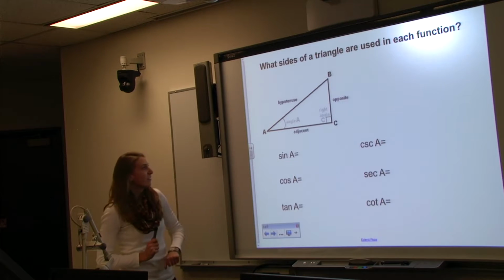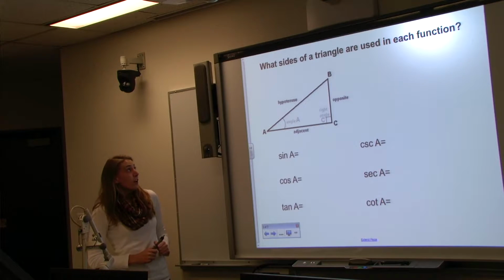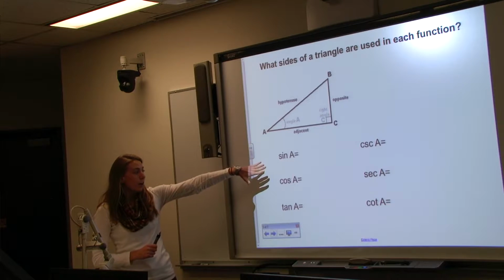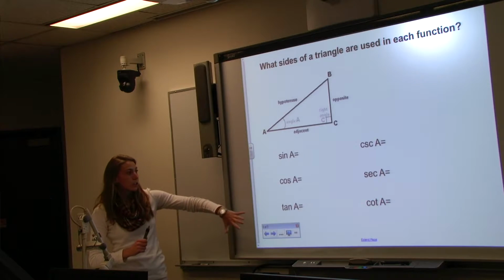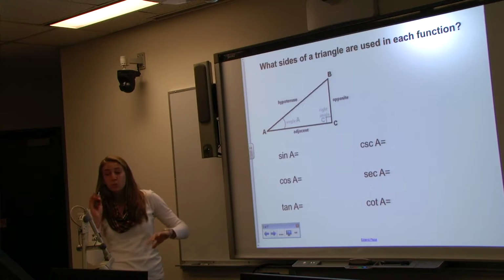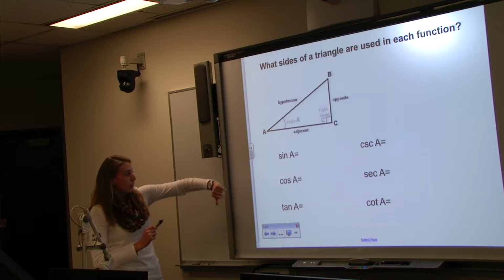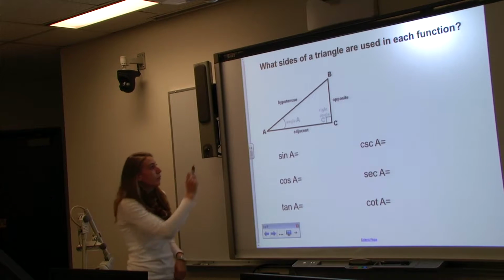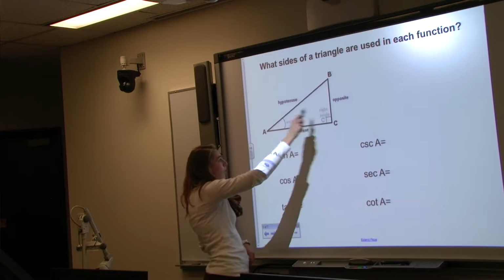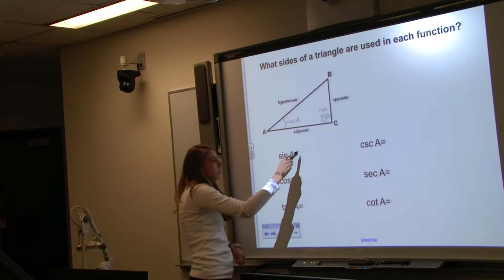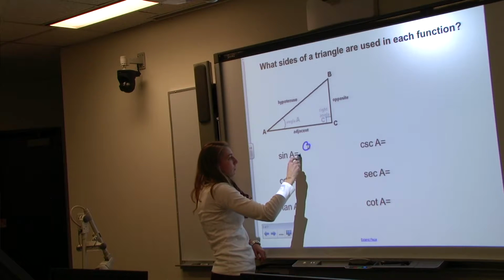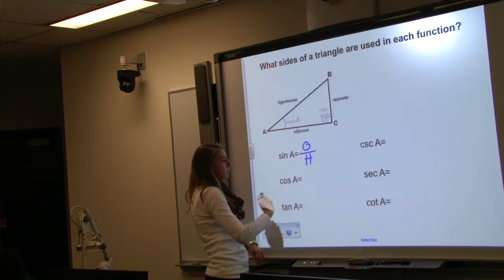Okay. Ready? What sides of a triangle are used in each function? We do want to find our sine, our cosine, our tangent for these, which we just did in our warm-up. So for the sine of angle A, we take the opposite over the hypotenuse.